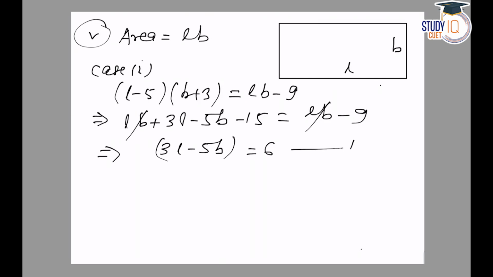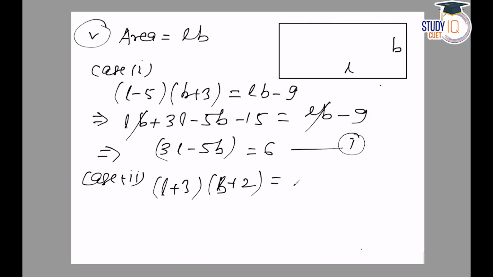That is equation 1. From the second case, if length is increased by 3 and breadth is increased by 2, then the area is increased by 67 square units.